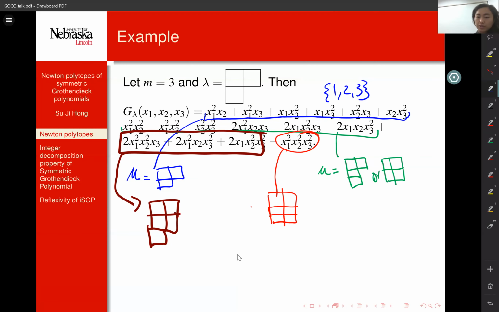So we can look at G as a sum of homogeneous functions. This is all the ones that have degree 3. These are all the monomials that have degree 4. And these ones have degree 5, and this has degree 6.